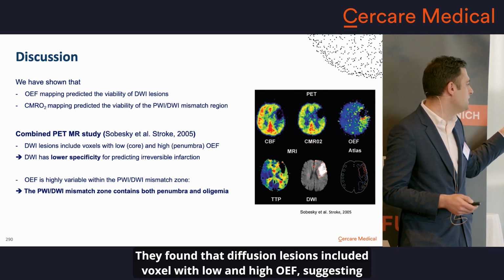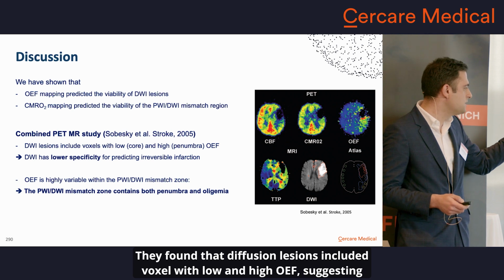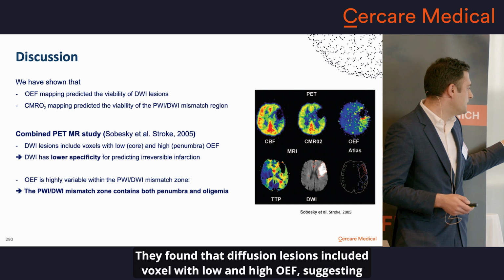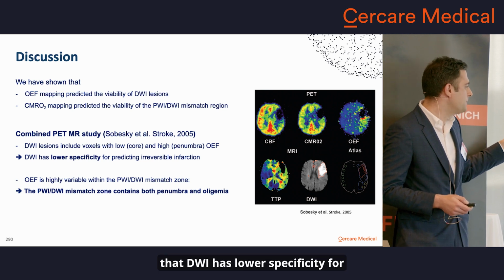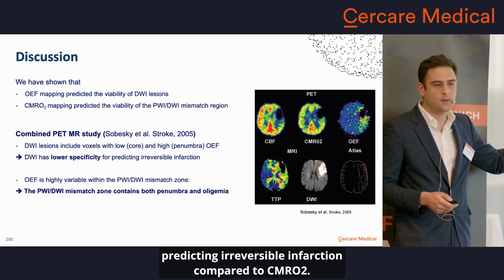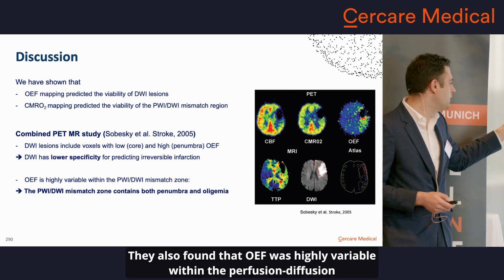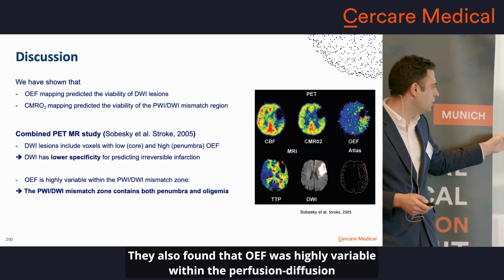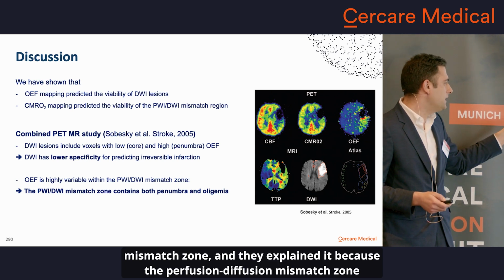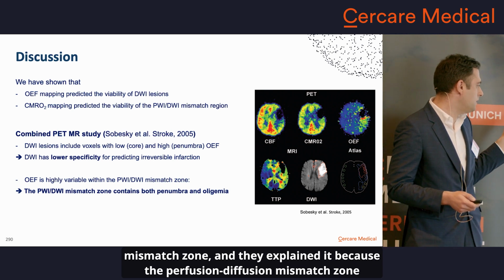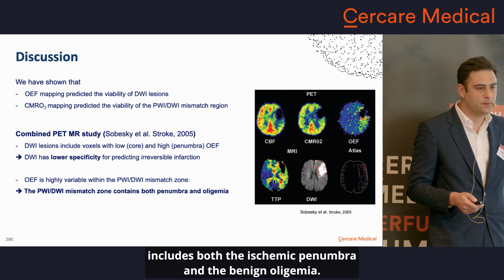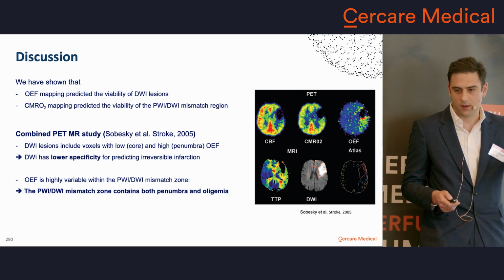They found that the diffusion lesion included voxels with low and high OEF, suggesting that DWI has lower specificity for predicting irreversible infarction compared to CMRO2. They also found that OEF was highly variable within the perfusion-diffusion mismatch zone, and they explained it because the perfusion-diffusion mismatch zone includes both the ischemic penumbra and the benign oligemia.